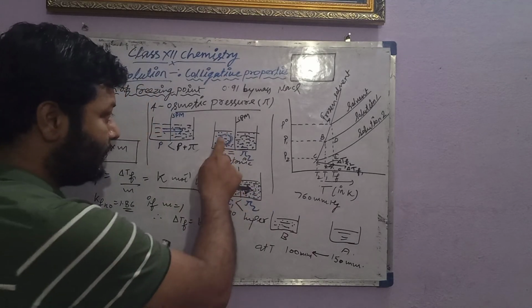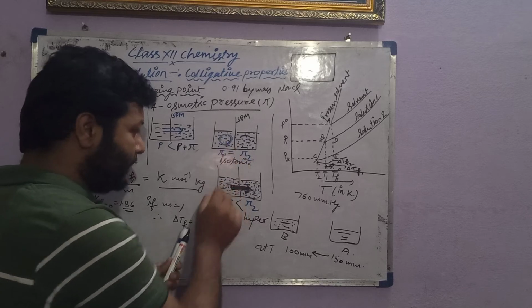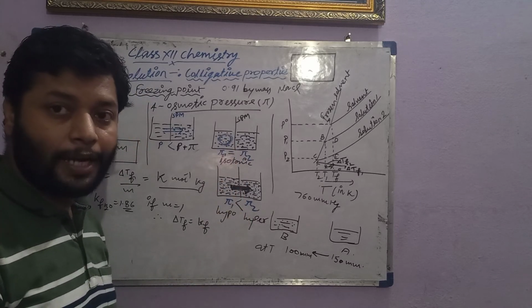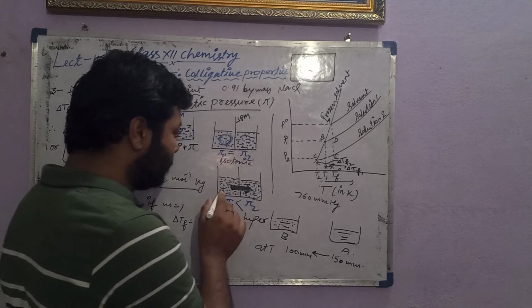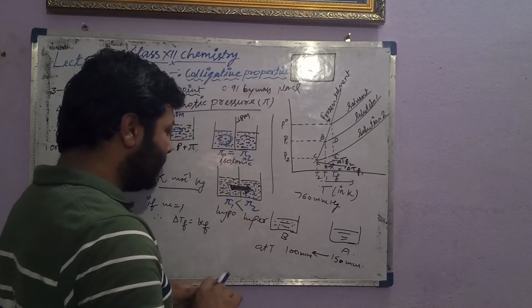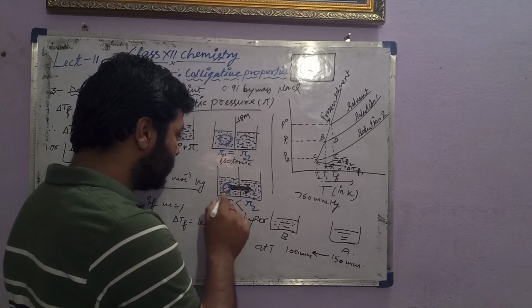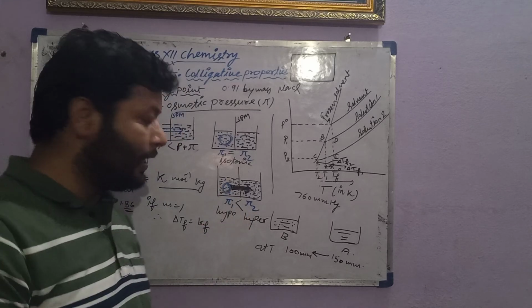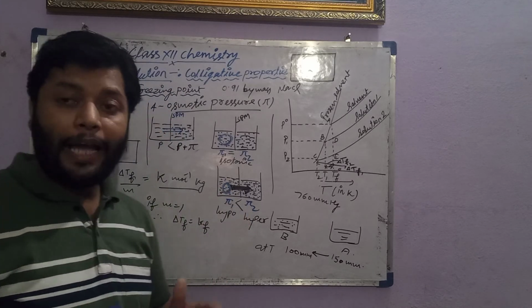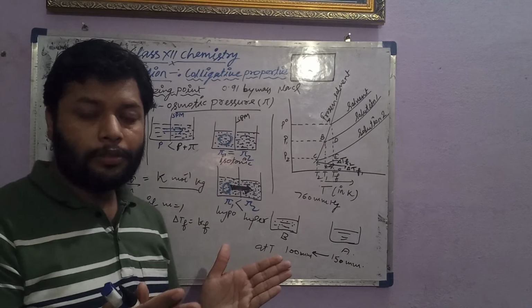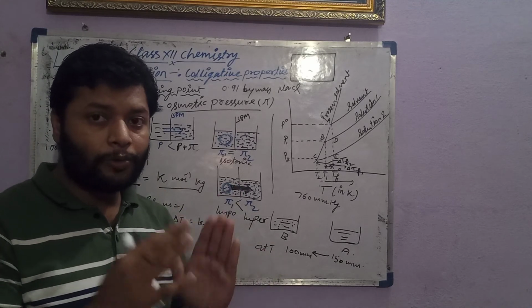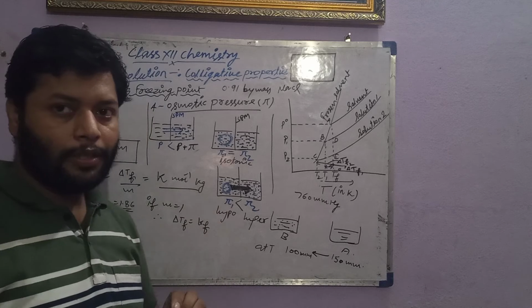But if the same blood cell is added in hypotonic solution, hypotonic means the concentration of the outer solution is at a lower level.